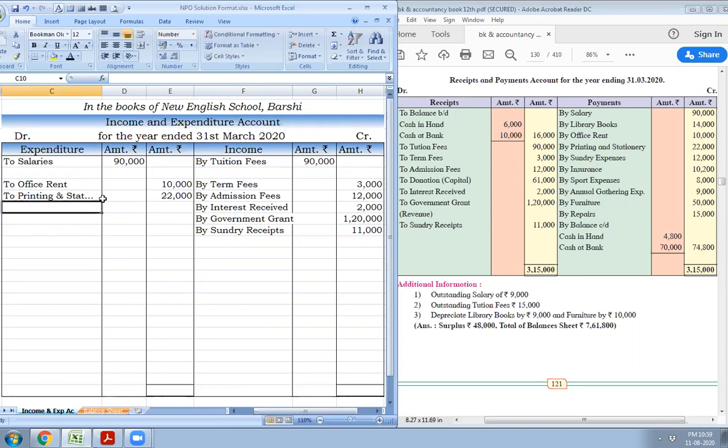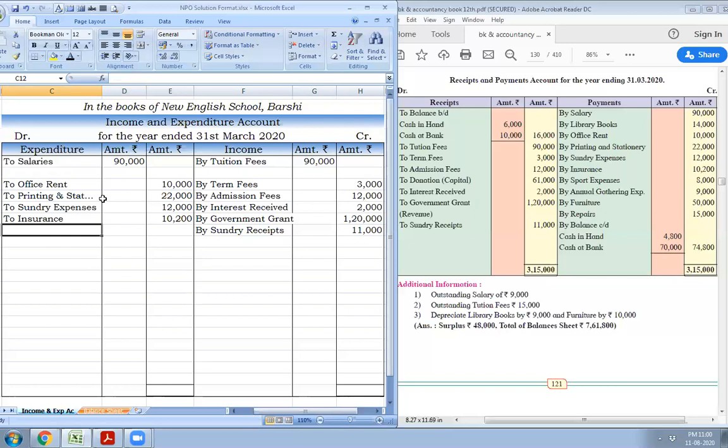Sundry expenses, to sundry expenses amount rupees 12,000. Next item is insurance expenditure side, to insurance amount rupees 10,200.